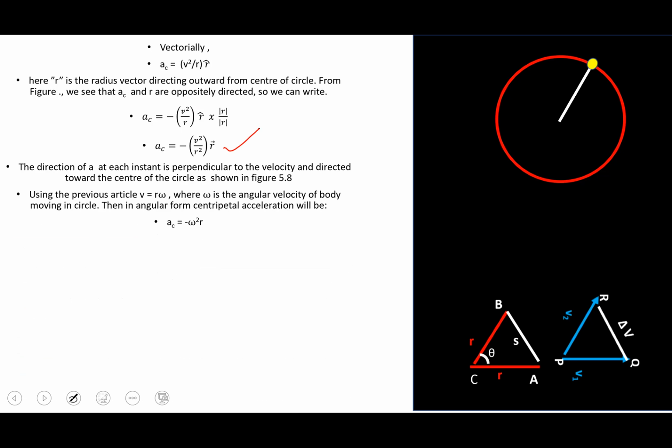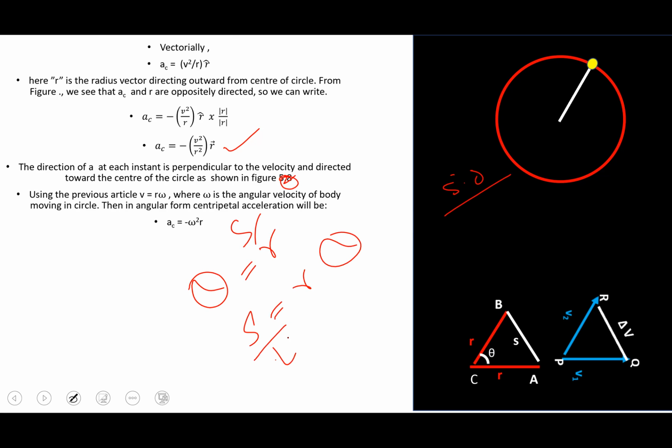Now, the direction of each instant is perpendicular to the velocity and directed towards the center of the circle, as shown in figure, let's call it 5.8. Using the previous article, we have understood that theta is equal to s over r, or we can say s is equal to r theta.